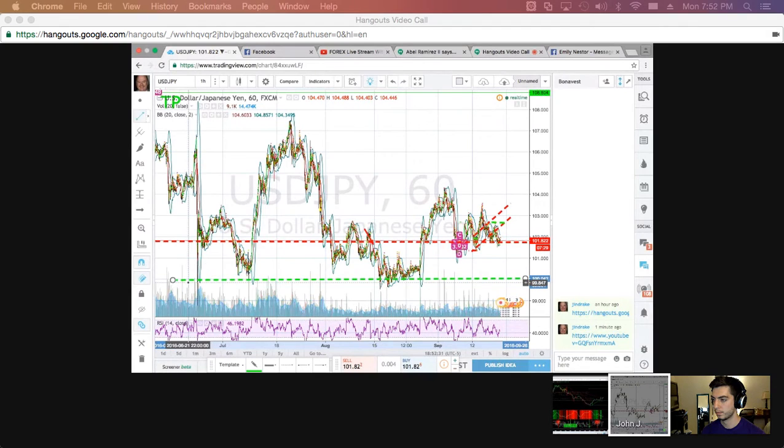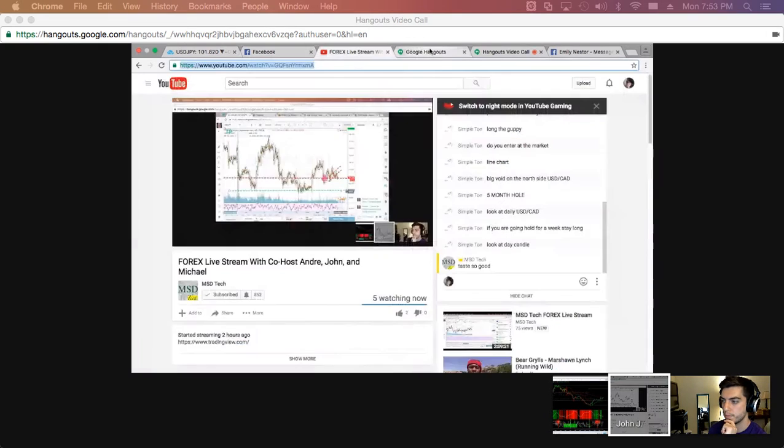It bounced up here, came up, hit a second time, hit a third time, and that's what you're counting out for maybe a third time. But with all this consolidation, you could have room for a breakout, or it could go back and retest down to here. That's where you get confirmation for that zone. If it breaks through this green line, there's a pretty good chance it's going to go down for a little bit.